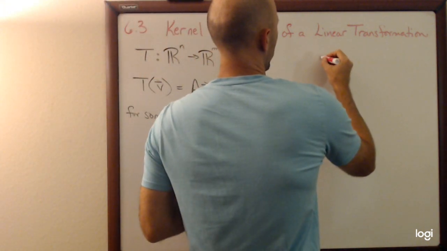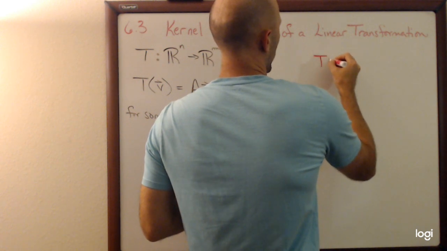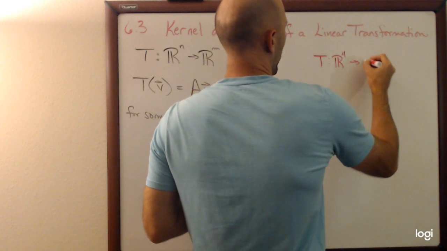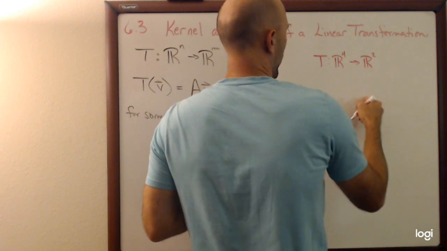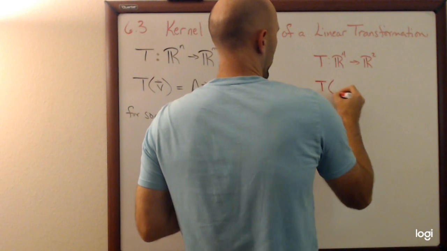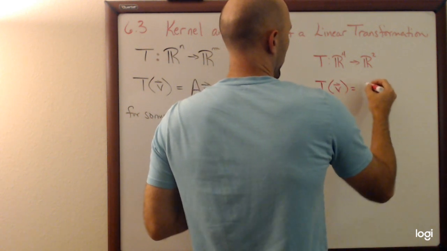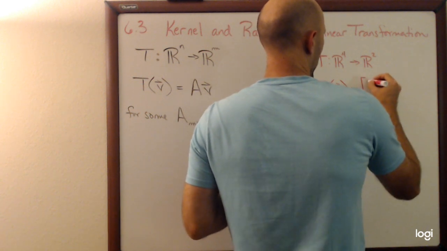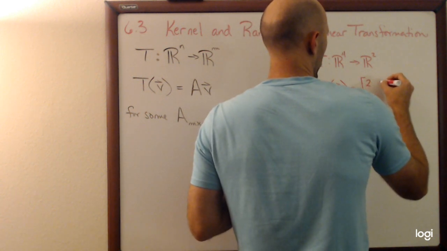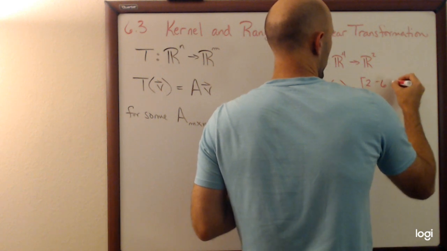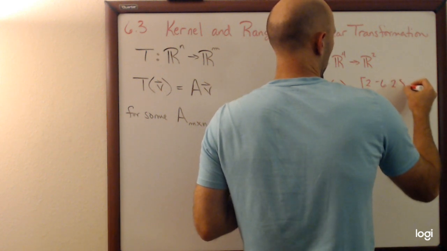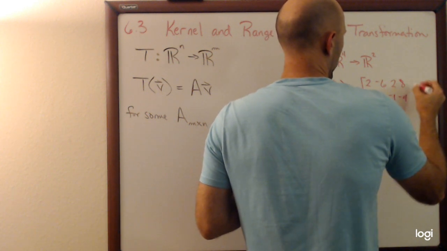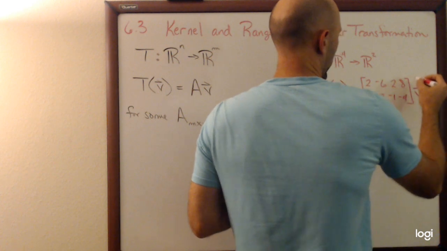Let's say T maps R⁴ to R², and we define T(v) to be the product of, let's say, the matrix with rows 2, -6, 8 and -1, 3, -1, -4, times v, right?